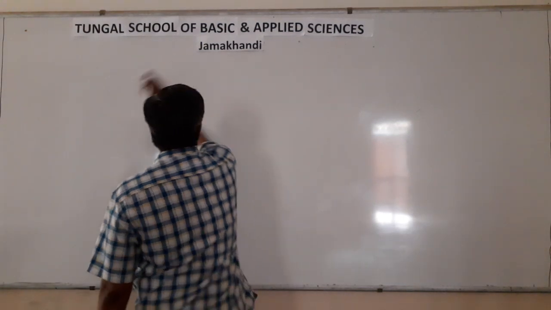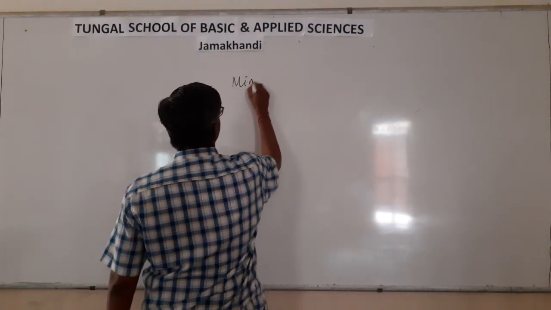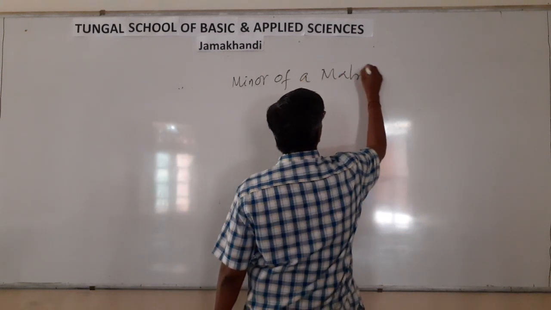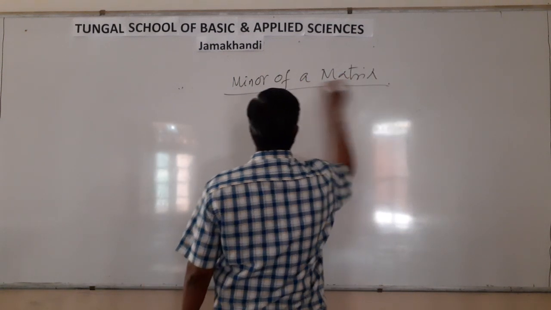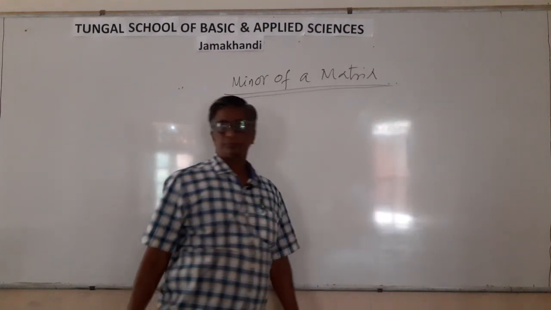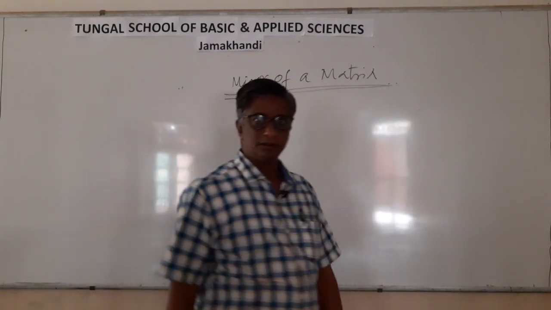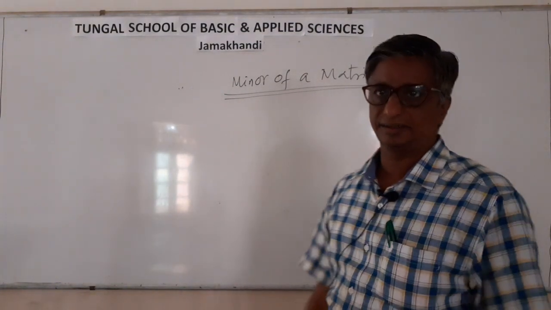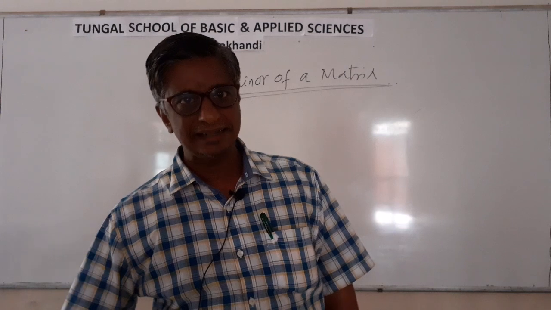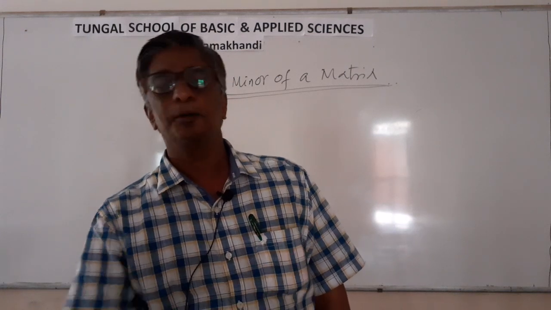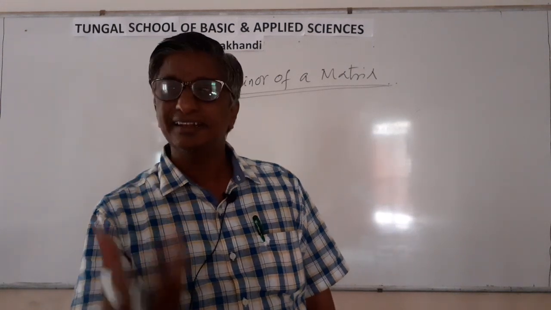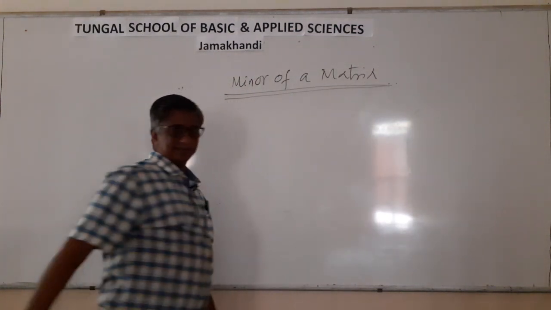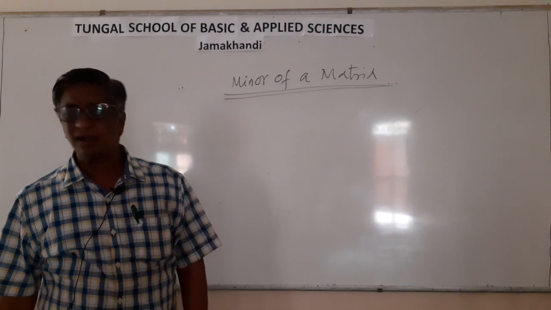Next point, minor of a matrix. These are required to find the inverse of a matrix. In that case, we require all these points. That's why I am discussing briefly. Minor of a matrix means what?